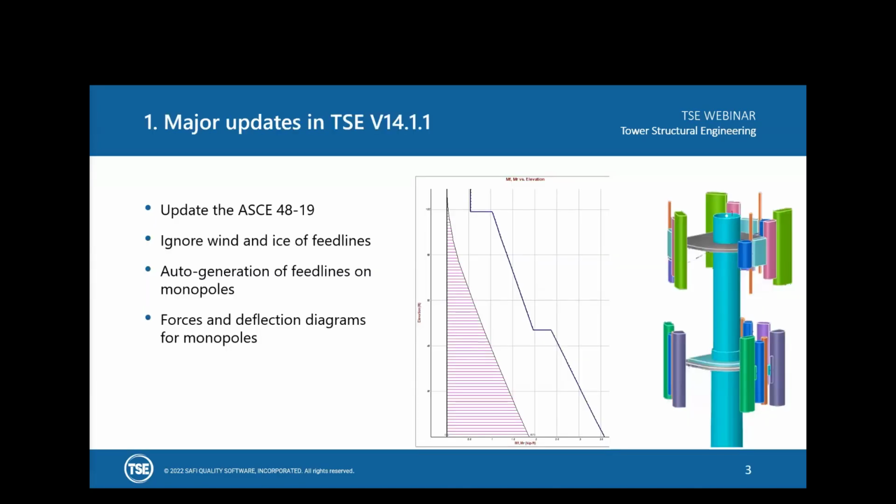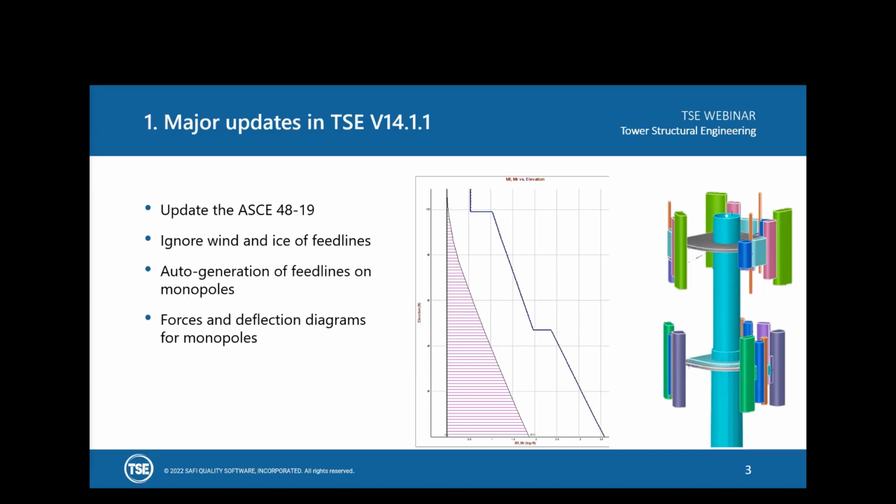So as I said, the major updates for the new version of TSE, version 14.1, include the update of the American code, ASCE 48, so the latest version 2019. So we updated the previous version, which was 2015, to include the new version.